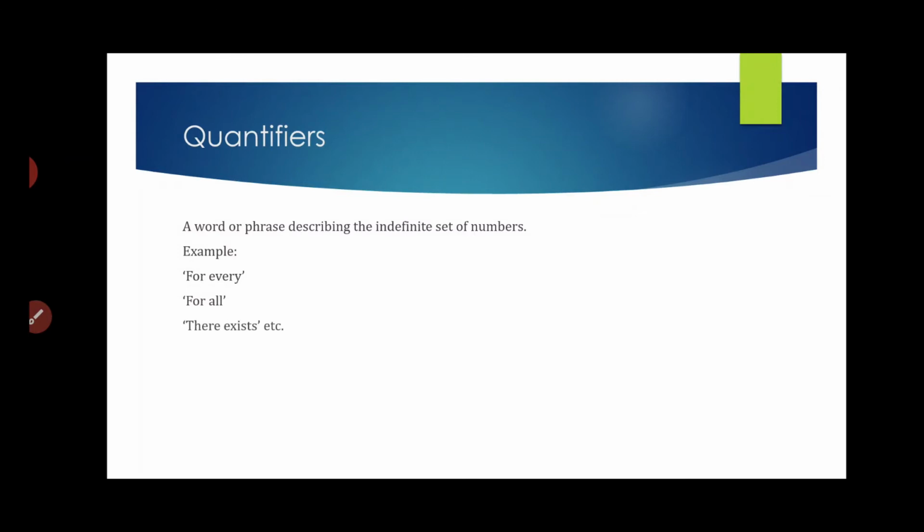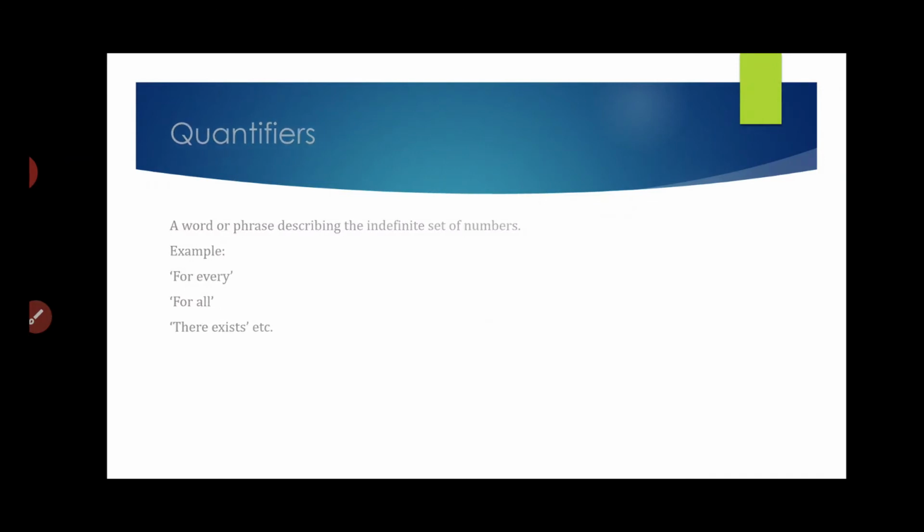Whenever saying for all, it means whatever we are talking about is happening to everybody or everything. Whenever I am saying there exists, I am talking about at least one thing. It can be one or it can be more than one as well. So we are not getting the exact picture of how many, but definitely we are getting a sense of how much. That is why it is called a quantifier.